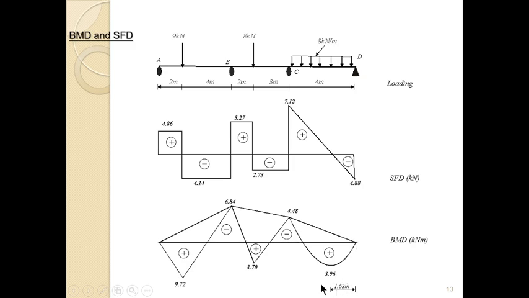So we know that our maximum moment occurs at a distance of 1.63 from the right support, and its magnitude is 3.96. So with that, we have been able to draw the bending moment diagram and shear force diagram for the beam we were to analyze. So that is it for this side.